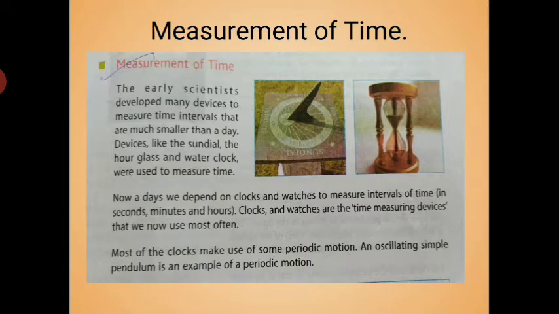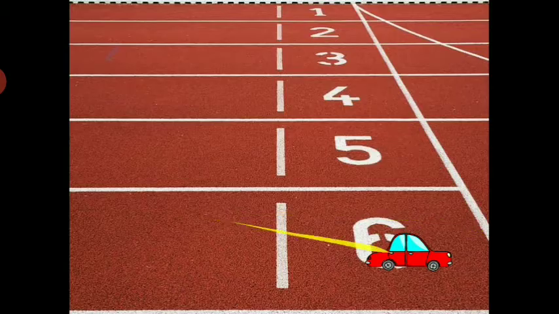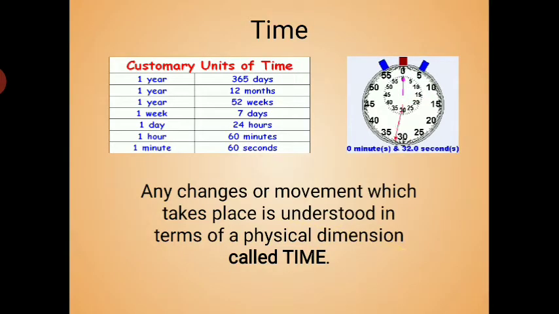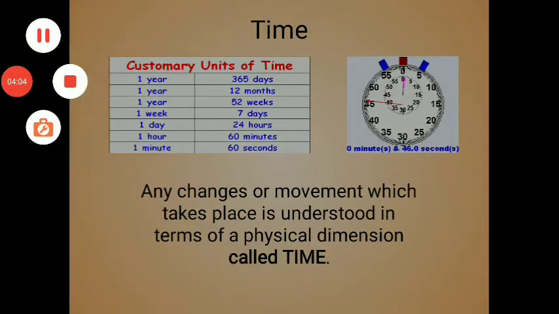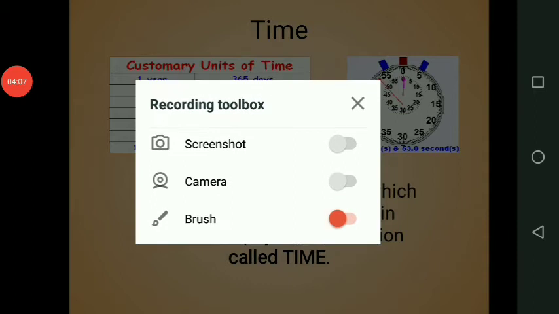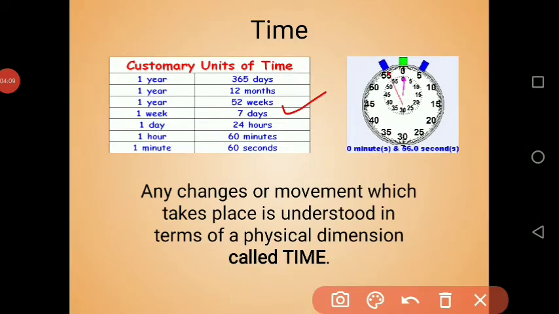Nowadays, we depend upon clocks and watches to measure intervals of time in terms of seconds, minutes and hours. We measure our time in terms of days, in terms of months, in terms of hours, in terms of minutes, in terms of seconds. Isn't it?